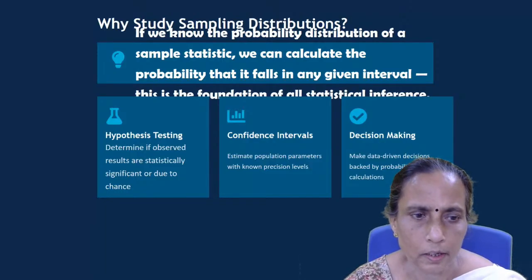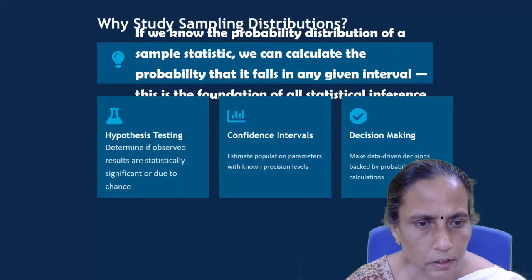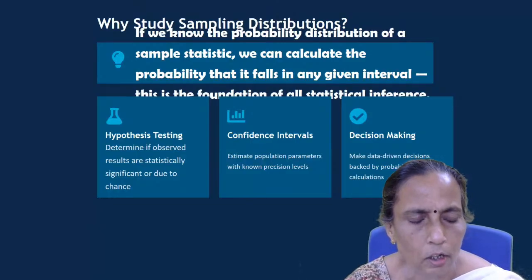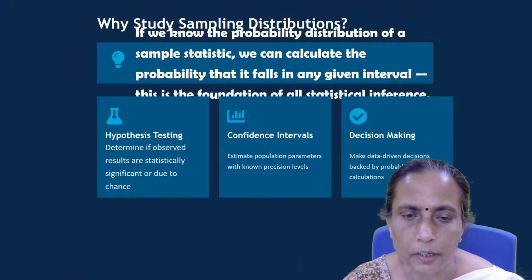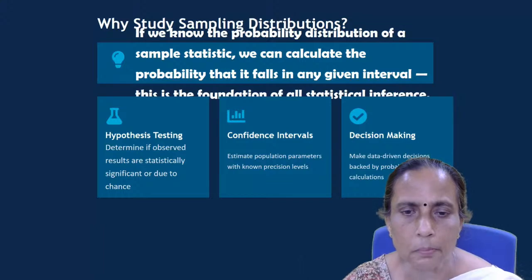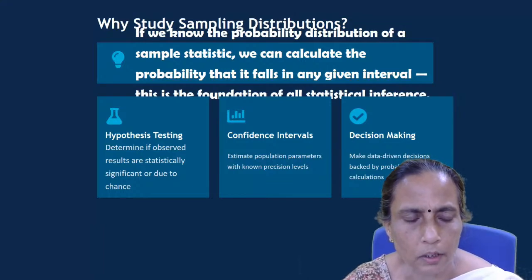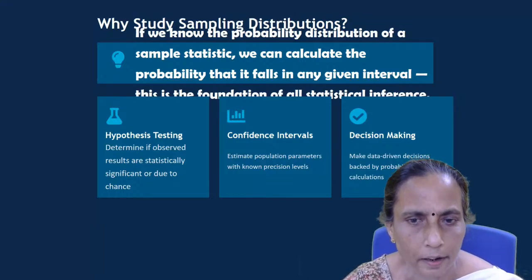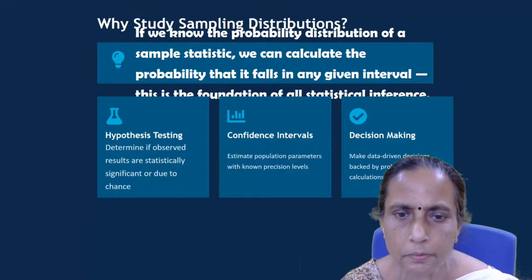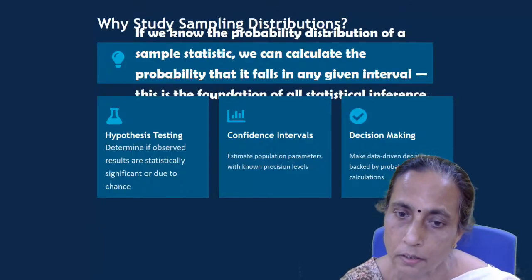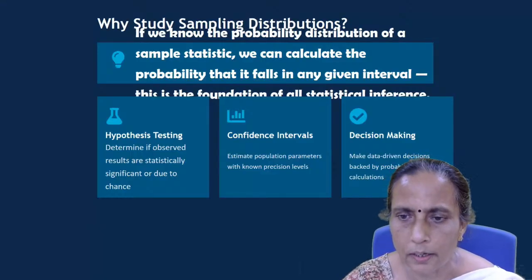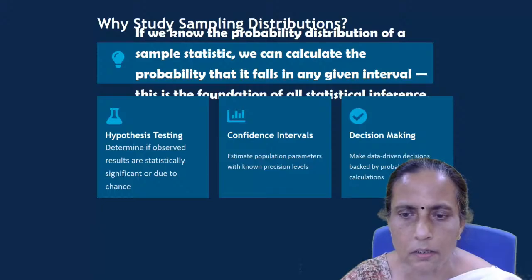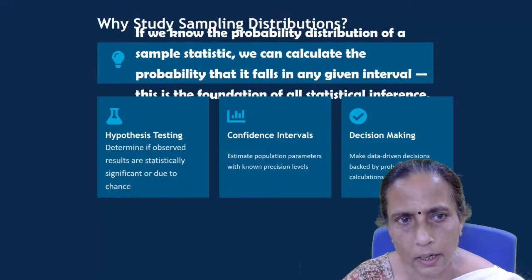That is, one is hypothesis testing, that is determining if observed results are statistically significant or due to chance. Or confidence intervals, that means whether the estimated population parameters are within the known precision levels, the admissible levels, which we call confidence intervals. And decision making, this is making data driven decisions backed by probability calculations.